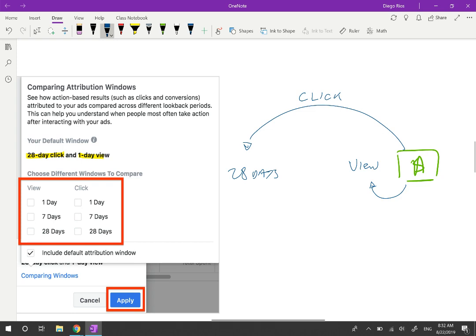So what this means is, I'm going back 1 day if someone viewed your campaign, or I'm going to go back and see if someone clicked on your campaign within those 28 days.